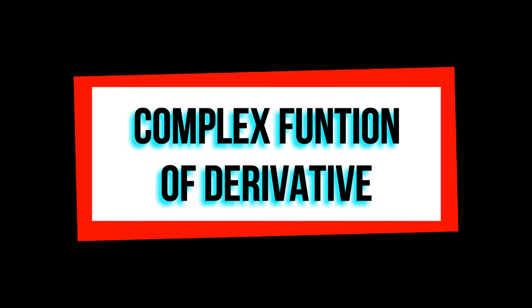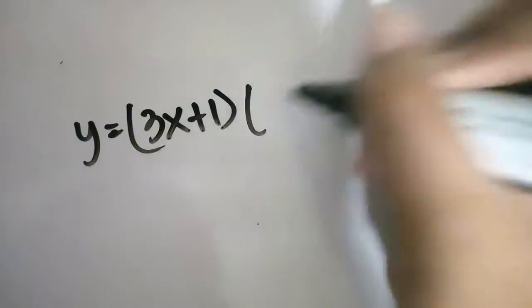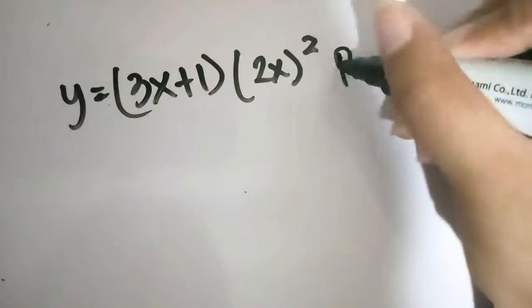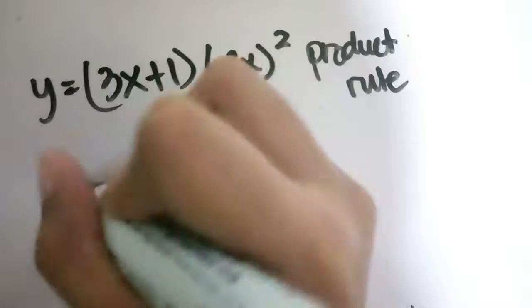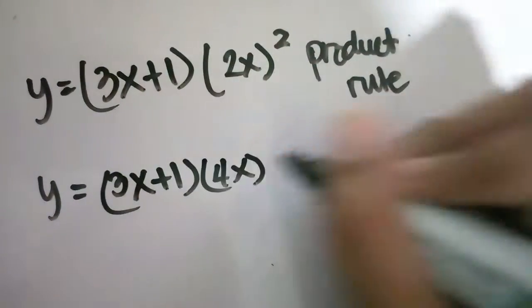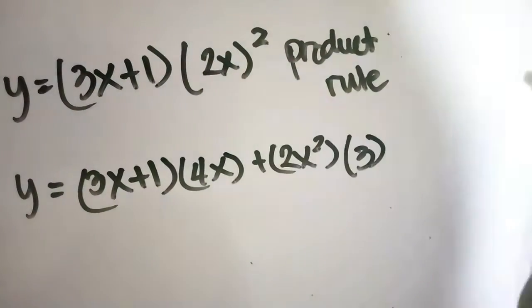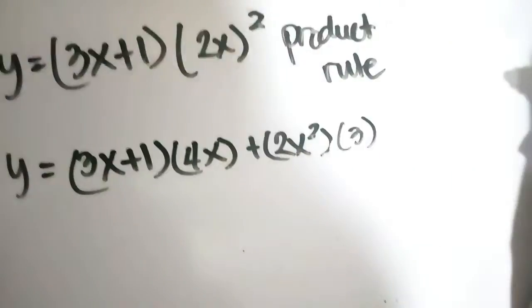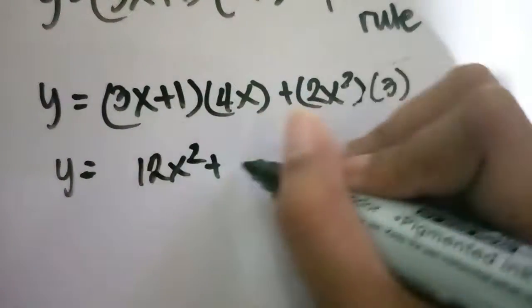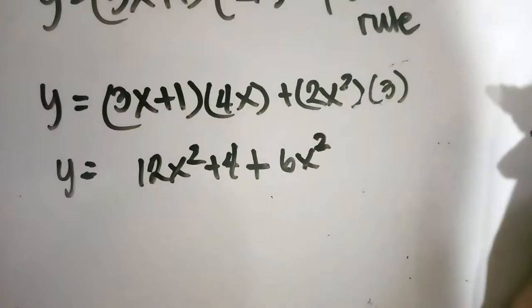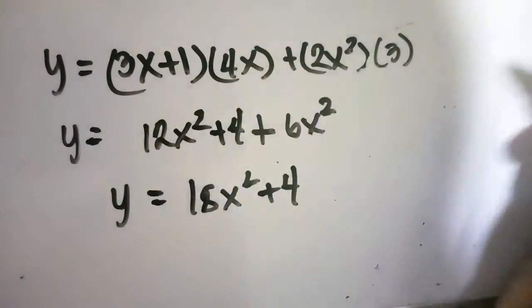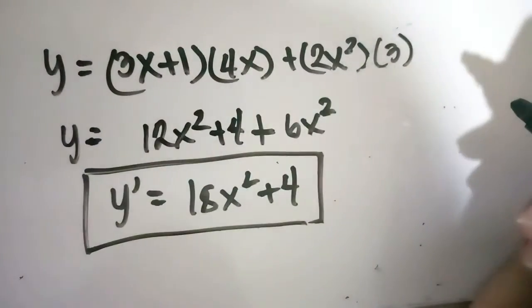As promised, we will give you an example of a complex function derivation. We will get the example from the product rule of the derivatives. The first derivative resulted in 18x squared plus 4.